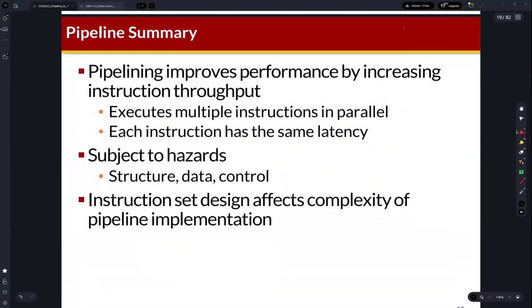Okay, so pipelining summary. Using pipelining, we can improve the performance of a processor. By reducing the critical path delay in a processor, we can increase the clock frequency of a processor. In this pipelining architecture, many instructions are being executed.